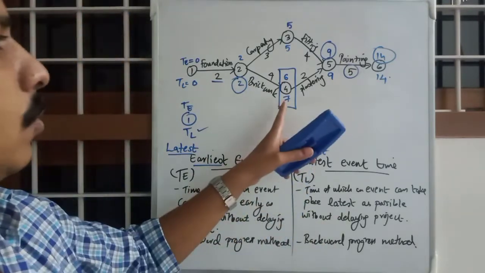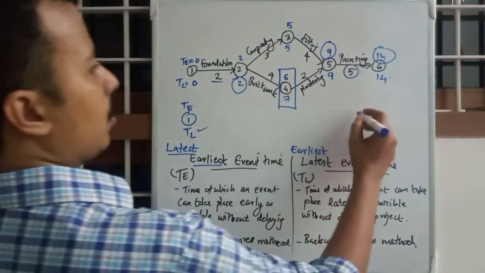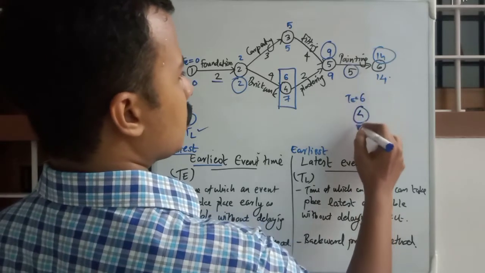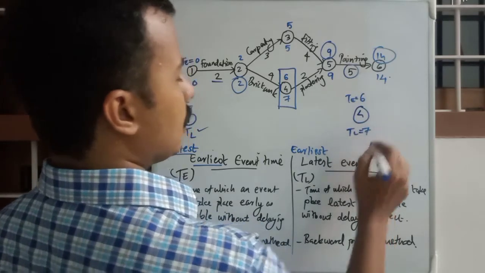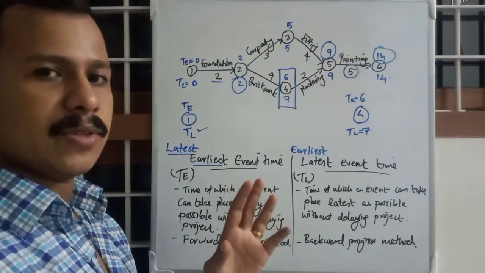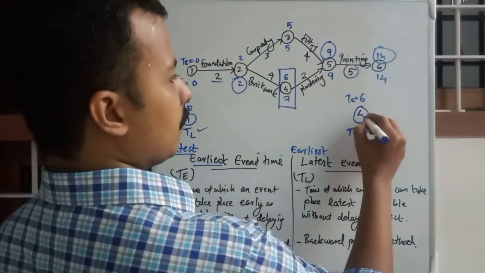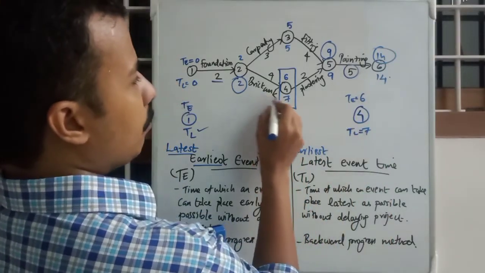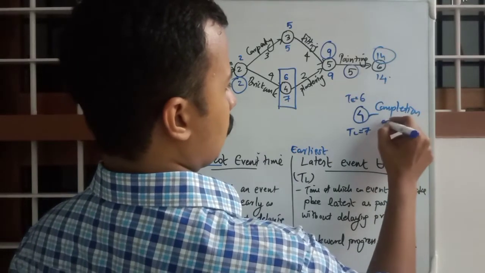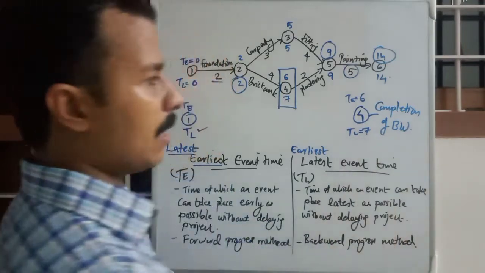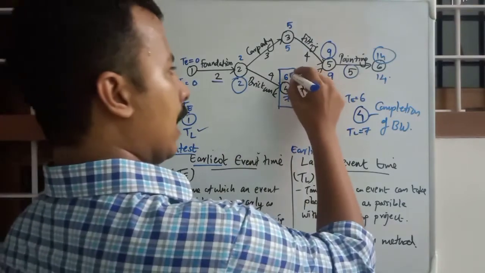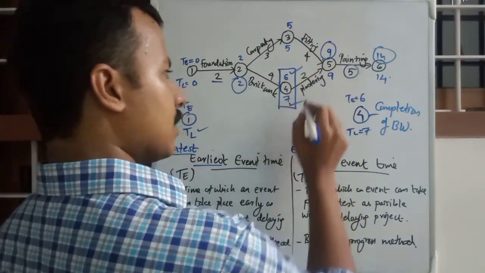Right now we have the fourth event. TE is equal to 6 and TL is equal to 7. What does this mean? This means that event 4, the completion of brickwork, can finish at the 6th day or 7th day.